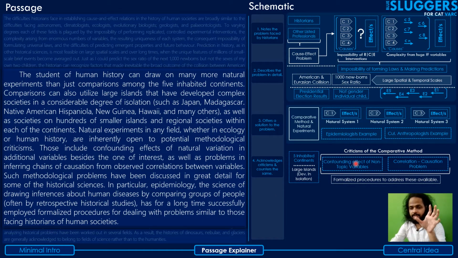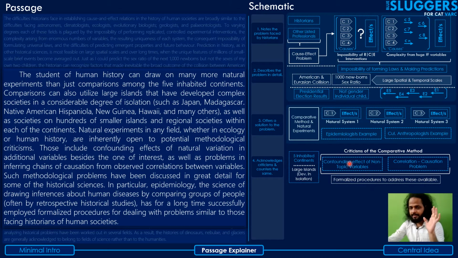Okay, after acknowledging these criticisms of this methodology, he notes that these problems have already been faced in other historical fields like epidemiology, where scientists already encountered these problems and set up formalized processes which can address these issues. We need to be concerned about them, but we don't need to stop ourselves from applying this comparative method of study to human history, right?